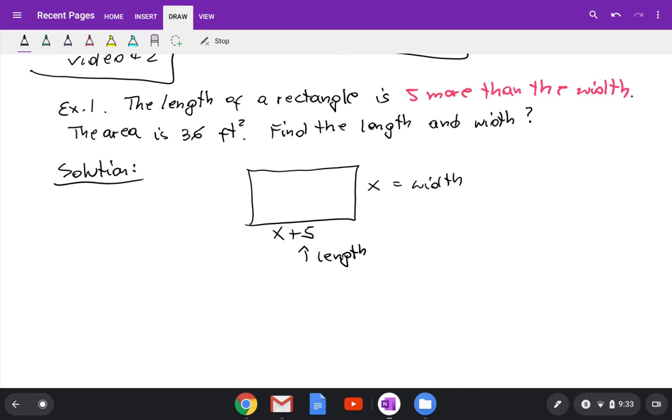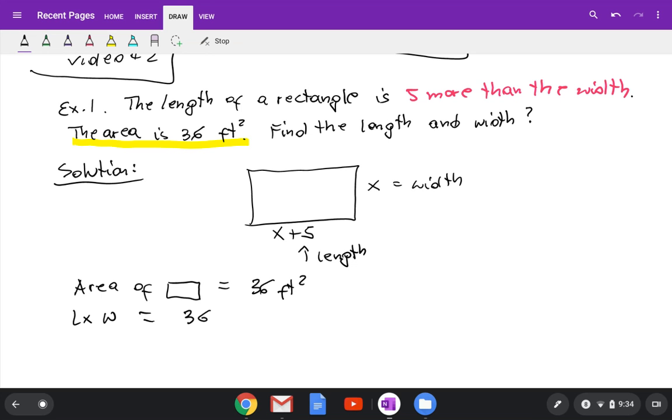Now what will be your equation? Your equation will be the information about the area. The area of the rectangle is 36 square feet. So the formula for area is length times width.